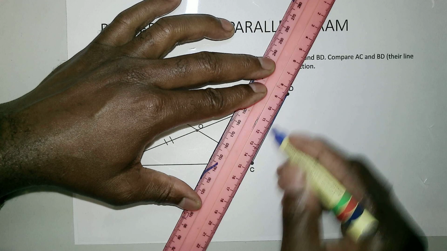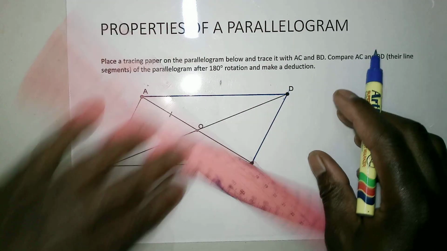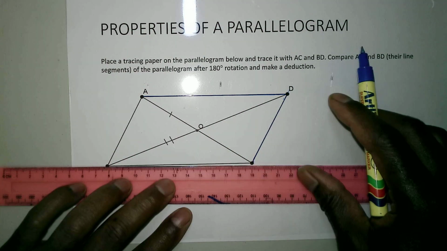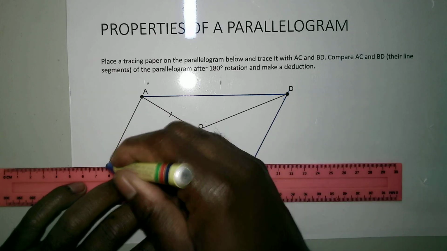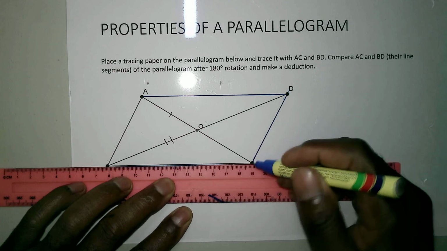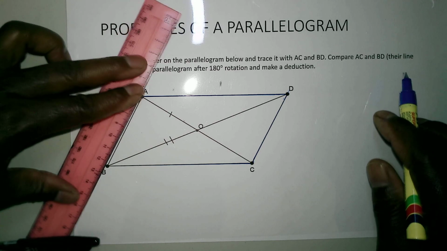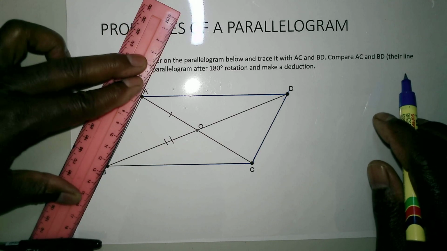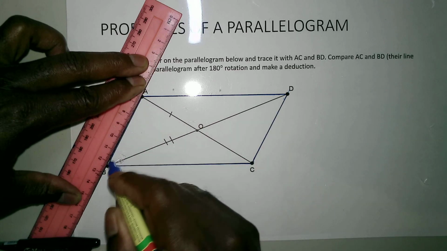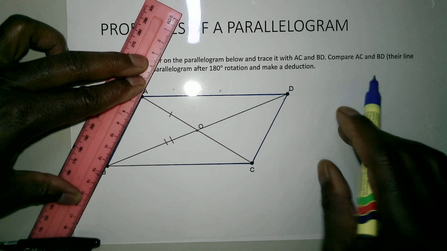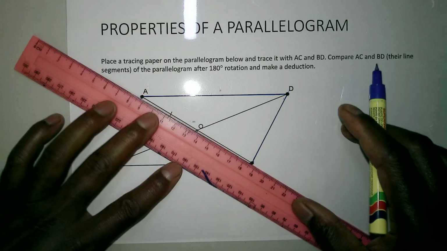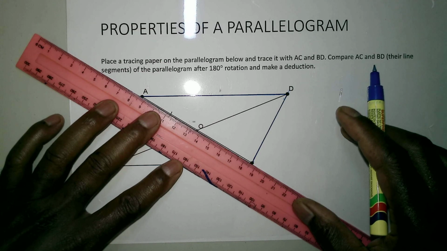We must trace the diagonals. This is A, this is B, this is C, this is D. Now we are also going to mark this.